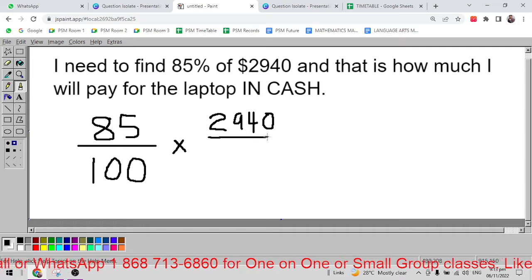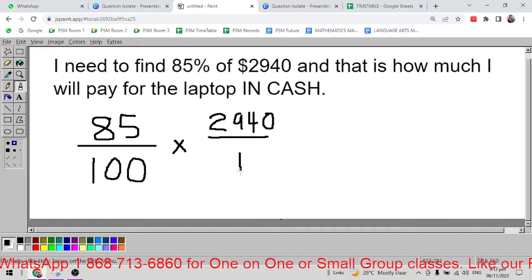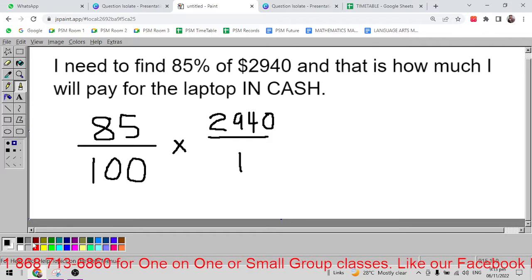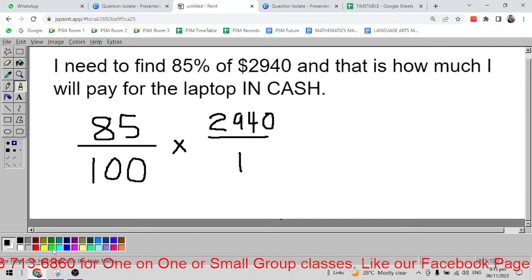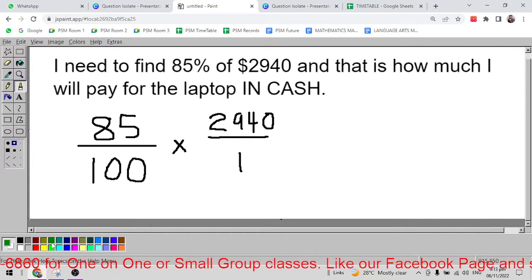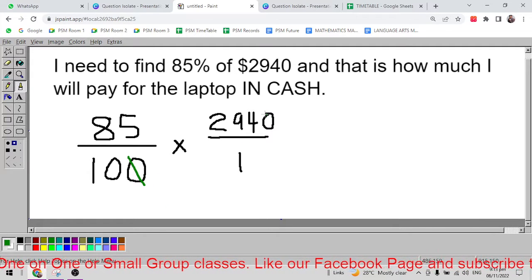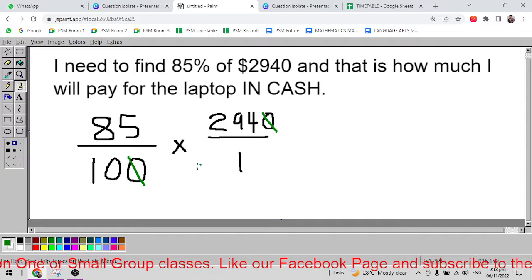So 85 over 100 multiplied by 2940. Let's begin to cancel this out or cross multiply. I know you guys use different words. So I can cross off these zeros, which makes life much simpler.